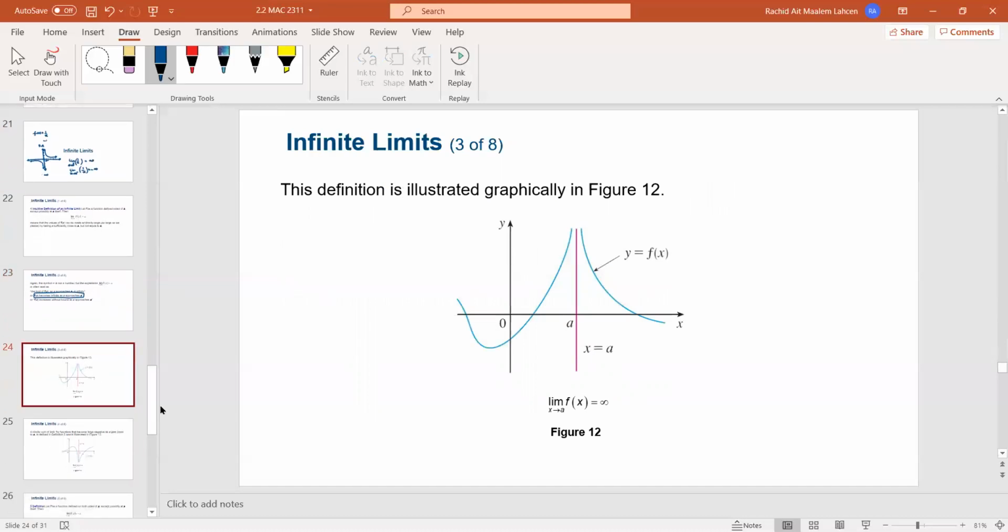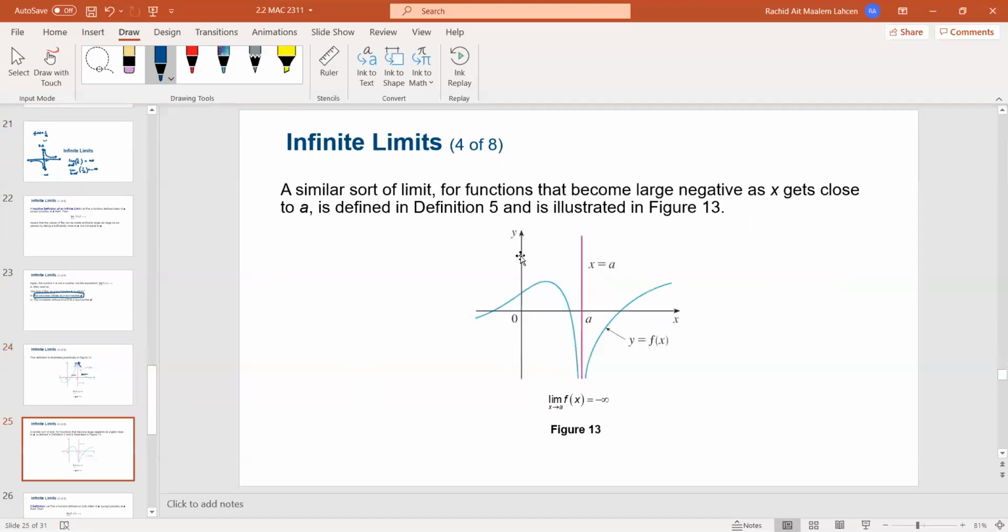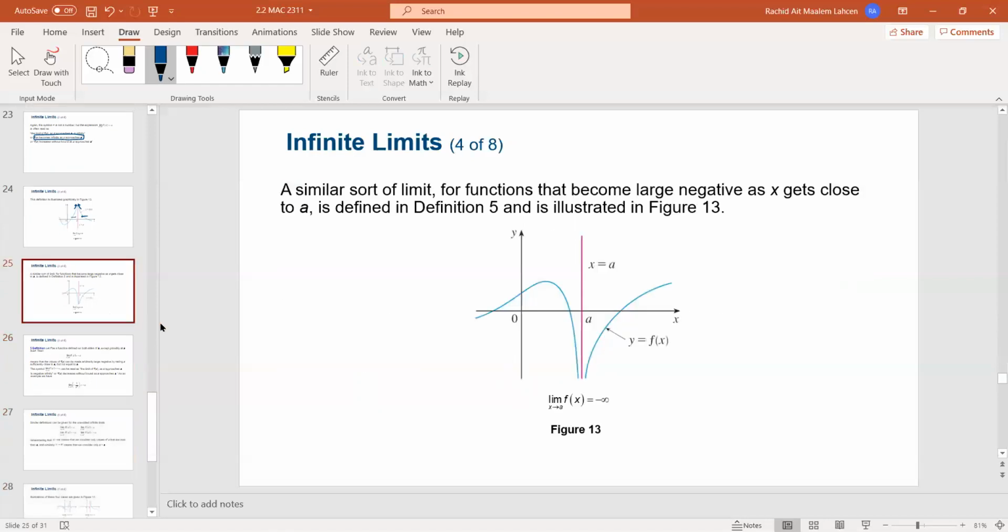So we can say that. And here, similar to the example I gave, from both sides f of x goes to positive infinity. If it goes this way or this way, you see it's shooting up both ways. It's shooting down, going this way or this way, shooting down both ways.